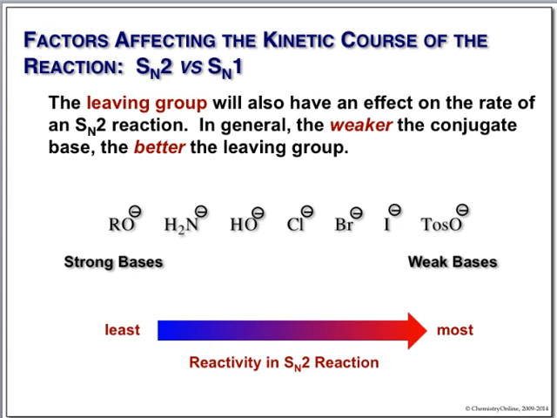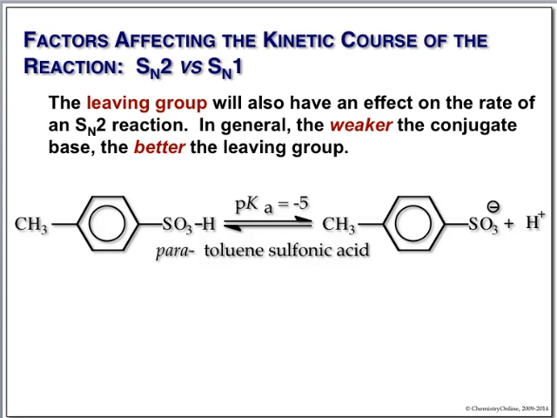A strong base, good nucleophile, but lousy as a leaving group. When I say bases, this guy down here, this is tosylate anion. This is benzene or toluene sulfonic acid. This is what it looks like.